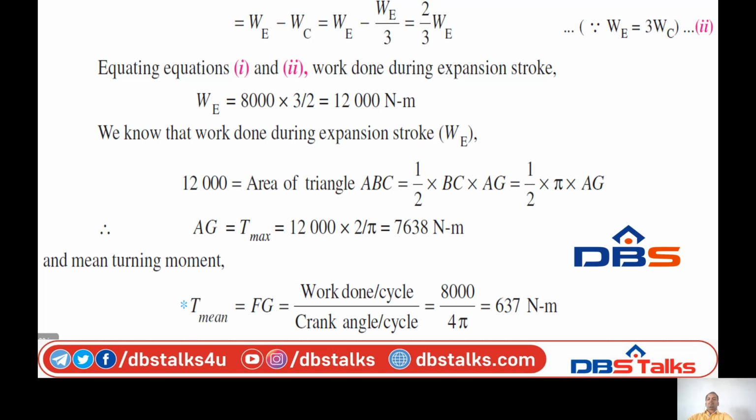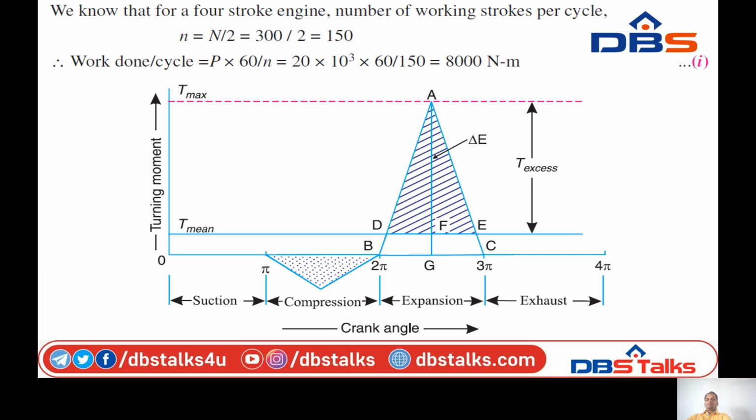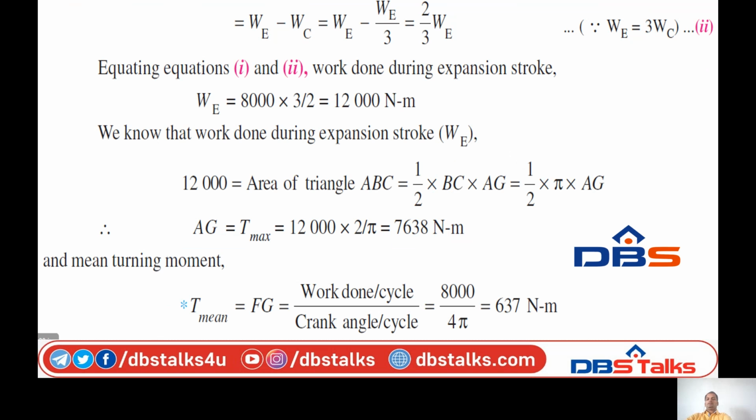Breadth is BC and height is AG. So half into pi into AG, where AG equals T max, equals 12,000 into 2 by pi, that is 7638 Newton meter.